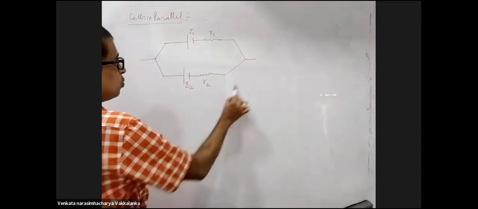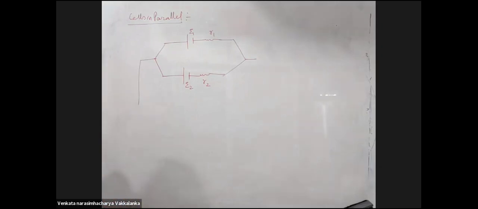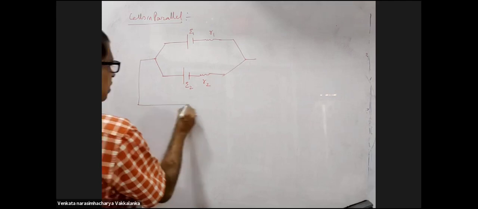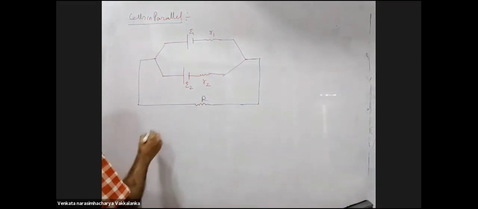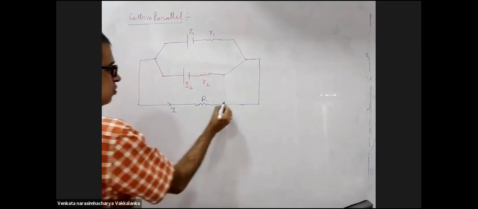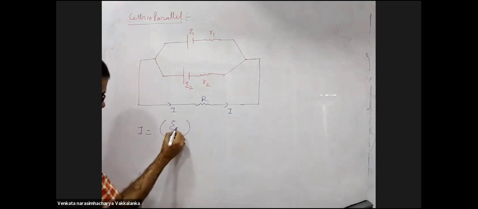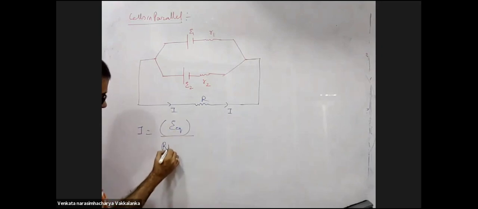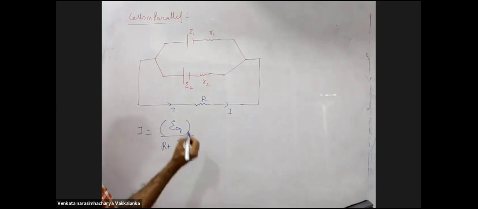First of all, see what happens here. You want to replace the whole of this with a single battery. So what they have done is they placed the resistance of capital R. If this gives you a current of I, it will be E equivalent by R plus R1 R2 by R1 plus R2.